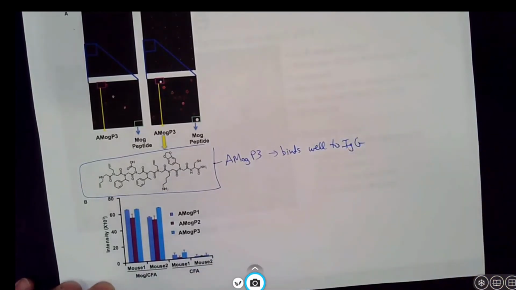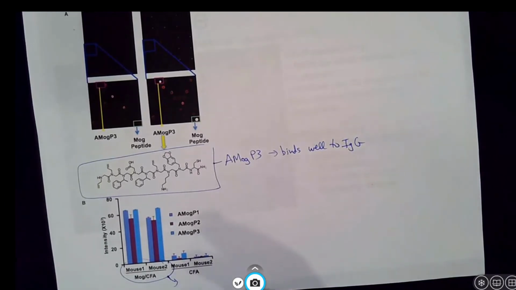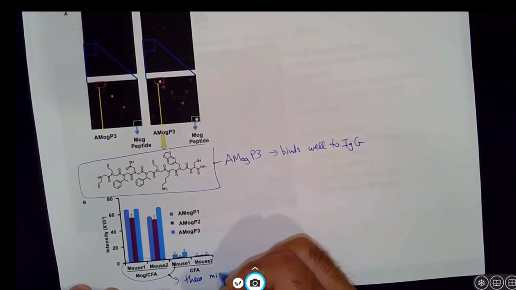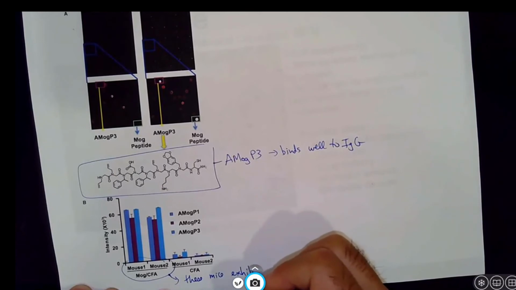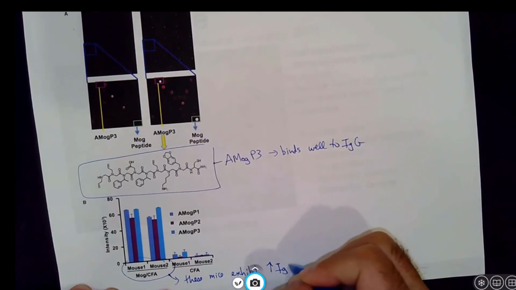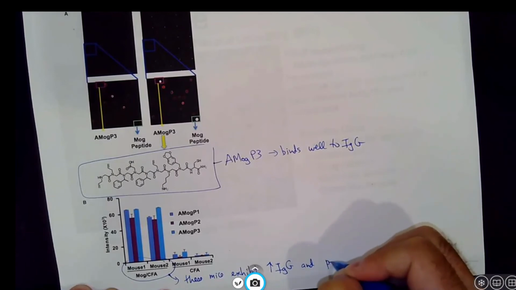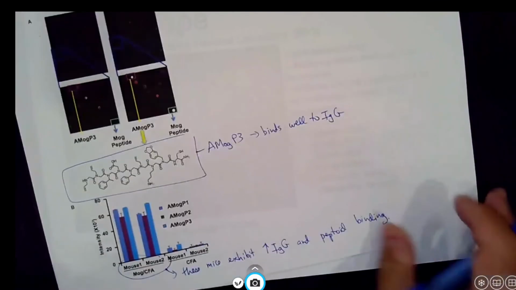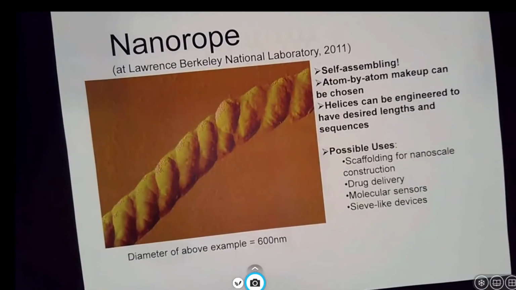At the bottom I'm showing some mice that have upregulated IgG, and these mice exhibit an increase in fluorescence intensity when bound to this peptoid, indicating that it is actually working within that system. So that's one example of using peptoids.